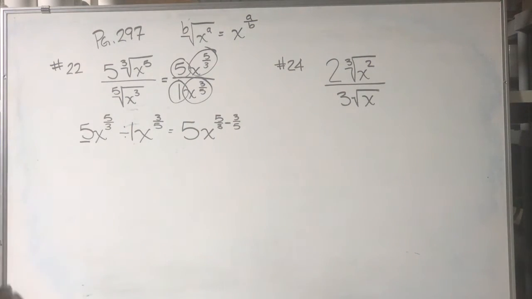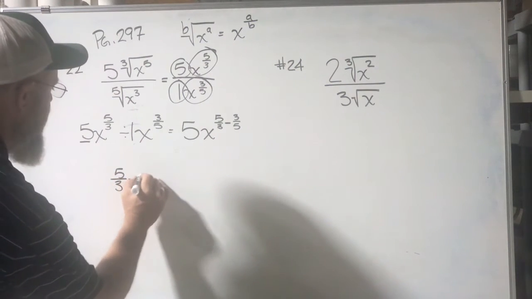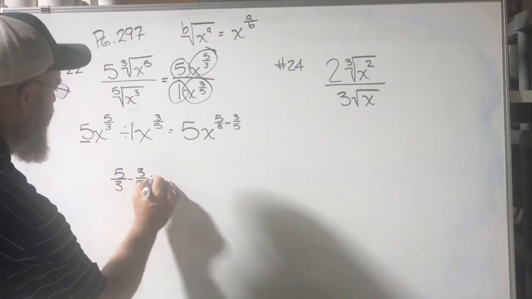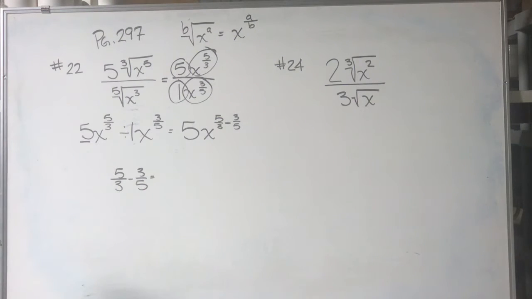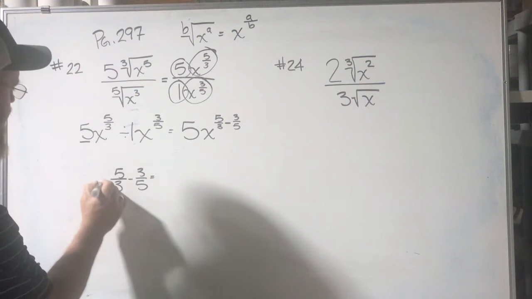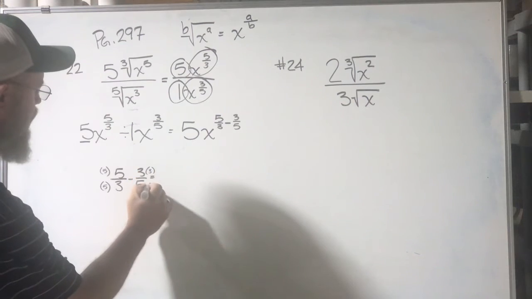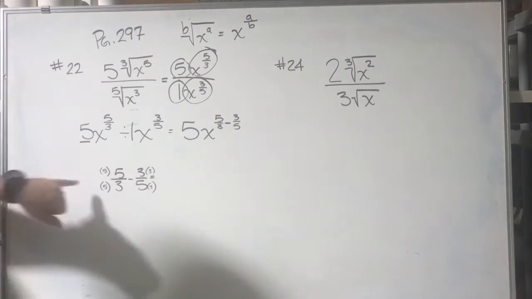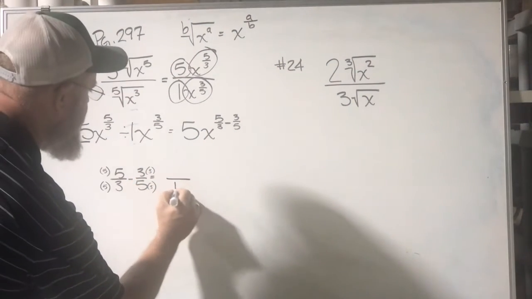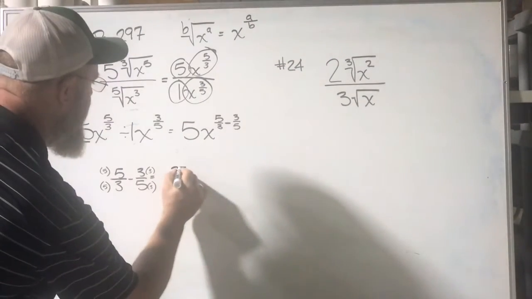Well, that's just a fraction problem. So 5/3 minus 3/5, we have to get a common denominator. The common denominator is going to be 15. All right? So I multiply this guy by 5 and this guy by 5. I'm going to multiply this guy by 3 and this guy by 3. So 5 times 3 is 15. 5 times 5 is 25.